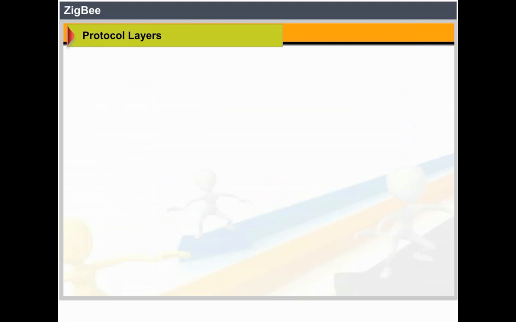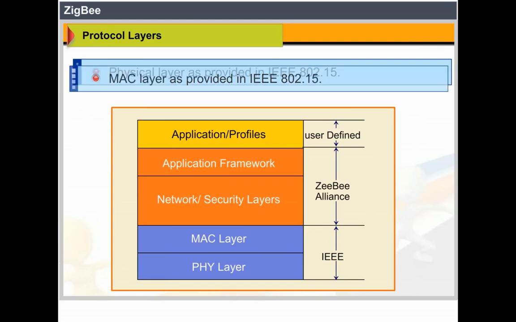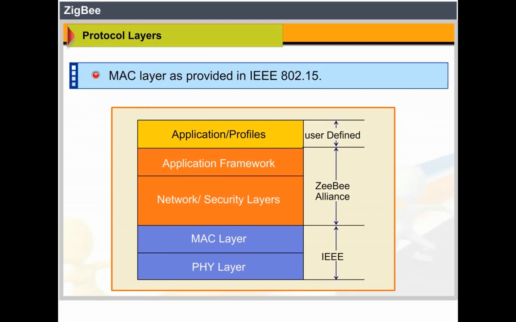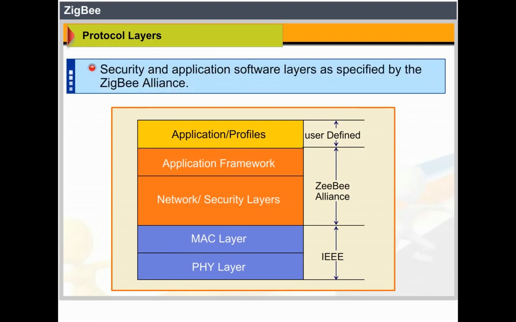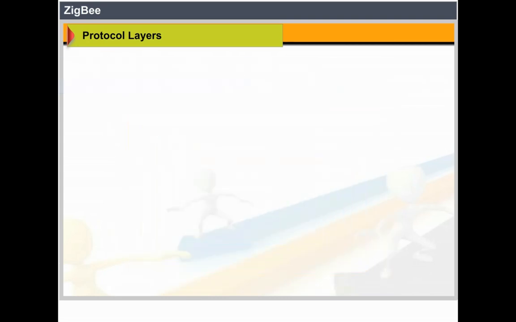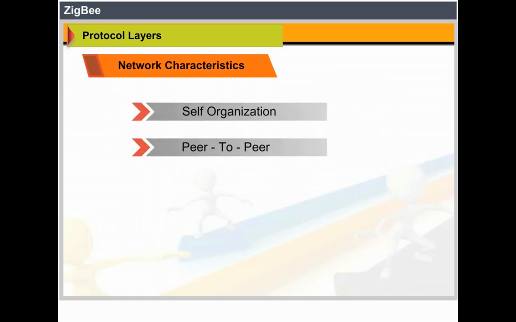Protocol layers: physical layer as provided in IEEE 802.15, MAC layer as provided in IEEE 802.15, security and application software layers as specified by the ZigBee Alliance. Network characteristics: self-organization, peer-to-peer, mesh networks.